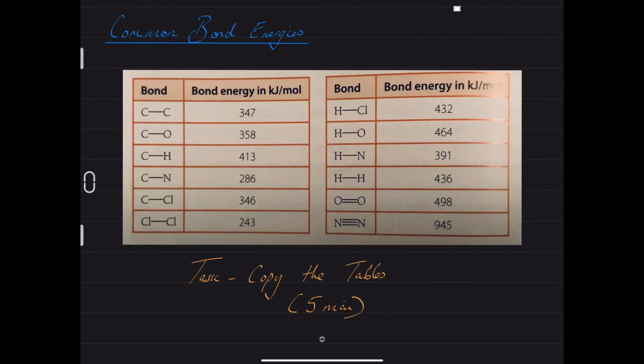I'll give you 5 minutes for this and then we'll move on. So can you pause the video here? Can you copy both tables? Make sure that you're correctly putting in the double bond or single bond or triple bond as required, and make sure that you take a note of the unit. Now remember, this is the energy required or needed to break the bonds.